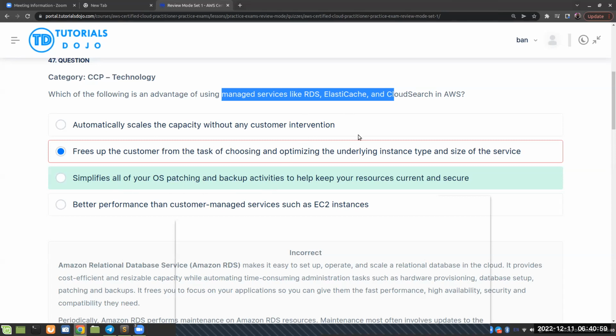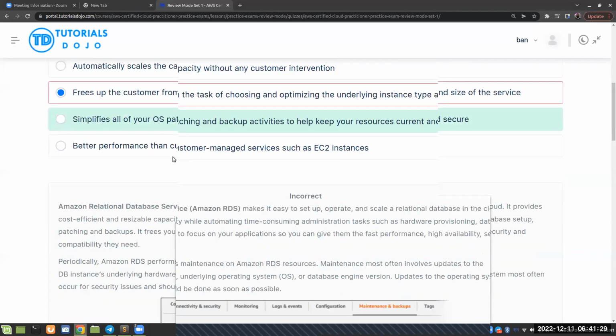When you have an instance type, you don't bother about managing it, right? So all your OS patching and backup activities help you keep your resources current. With RDS, you have backups that are done automatically, and you just need to pick your window when that's happening. I think that's done. I can't remember again, but yeah. So C is the correct answer.